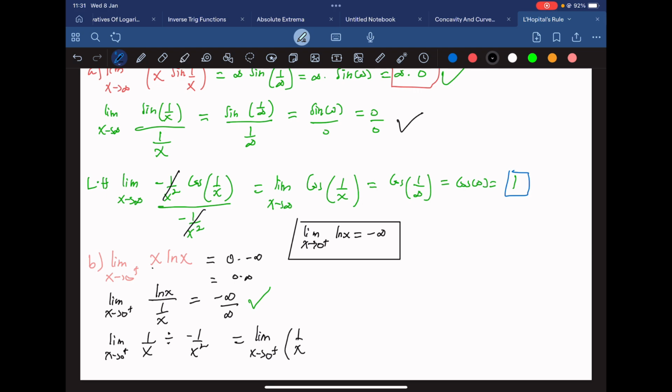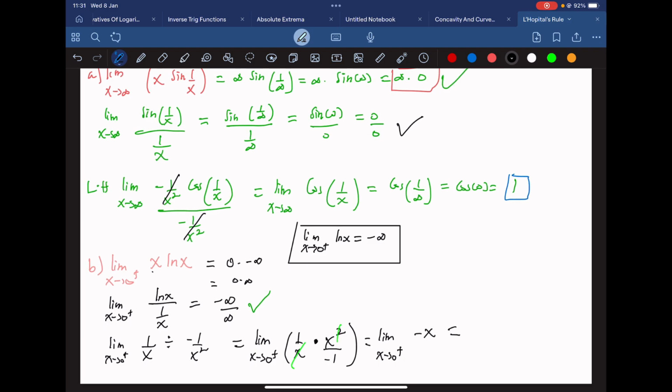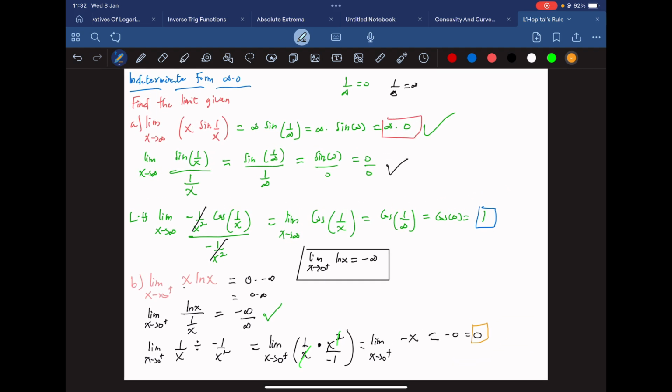If we find a reciprocal, this changes to multiplication. x squared comes to the top, negative 1 comes down. So you see x will cancel this. So we just have the limit as x approaches 0 from the right, and we have negative x left. So now if we put in 0, we just have negative 0, which is 0. So this becomes our answer.